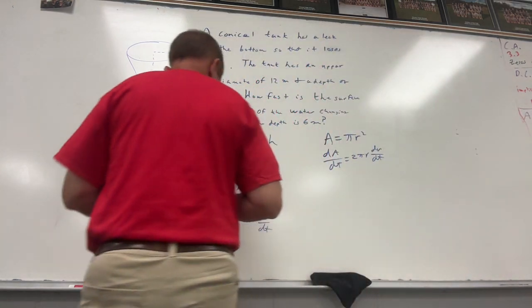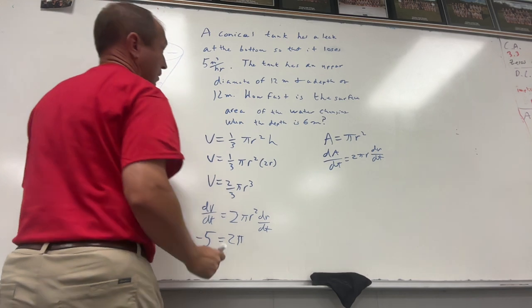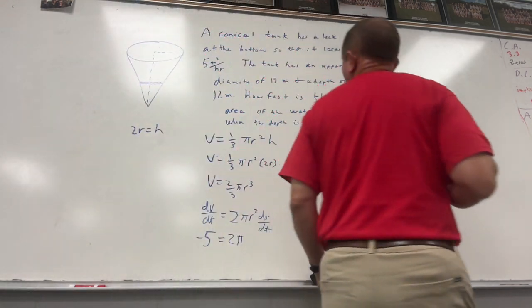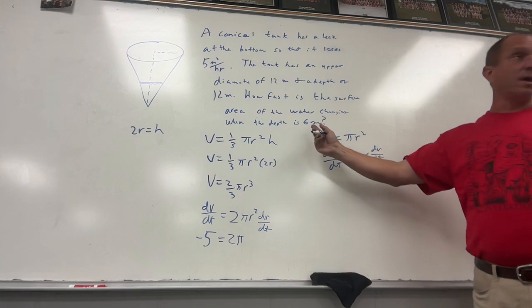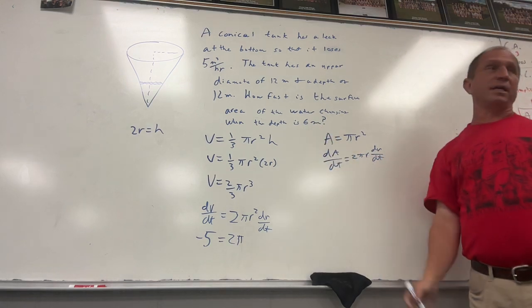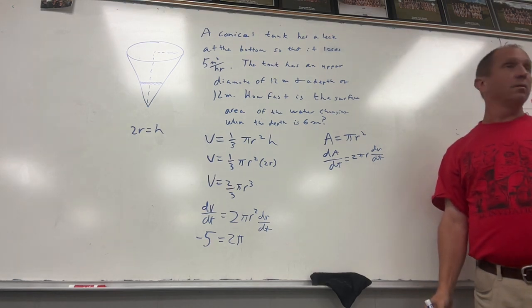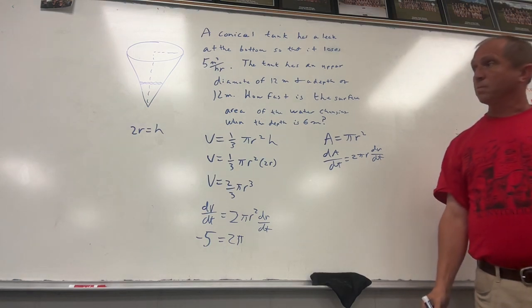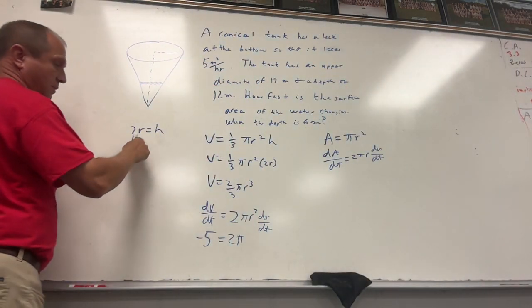Now, what is the radius that I'm interested in? Well, the height that I'm interested in, which would be the depth of the water, would be 6 in this case. So what would my radius be at this point? 3. Remember, 2r is h, so it's 3.